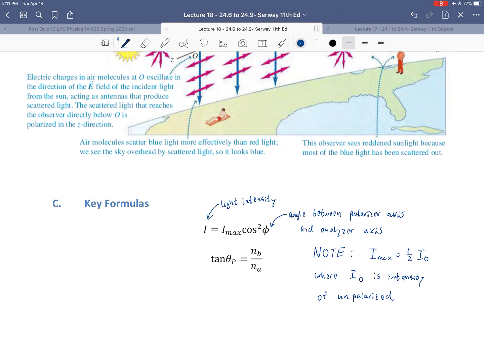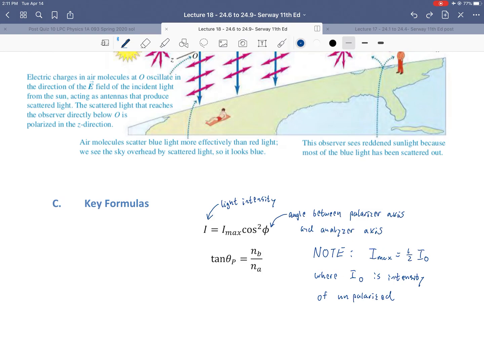You might be like, wait, maximum should be bigger than I naught, right? You're saying that I naught is twice max? Well, yes, because I max is just the intensity that came out of the polarizer. That's the intensity that left the polarizer, and this is the intensity that is leaving the analyzer. Hopefully that makes sense. We'll see it in practice in just a minute.